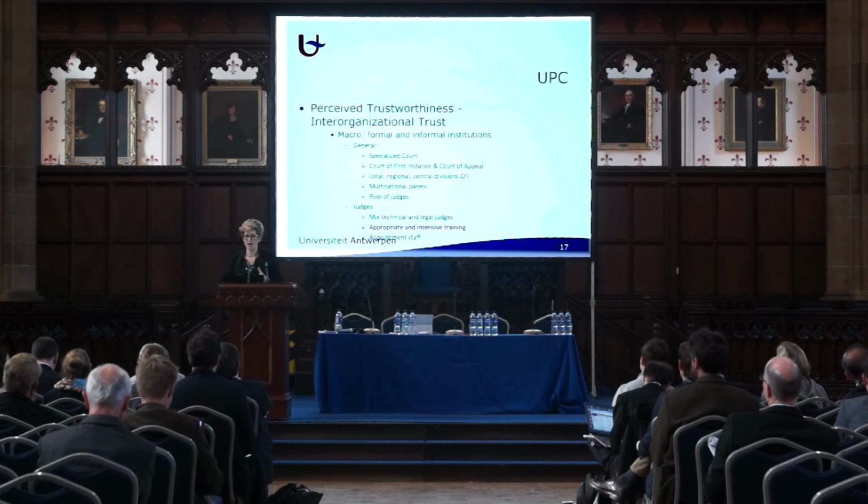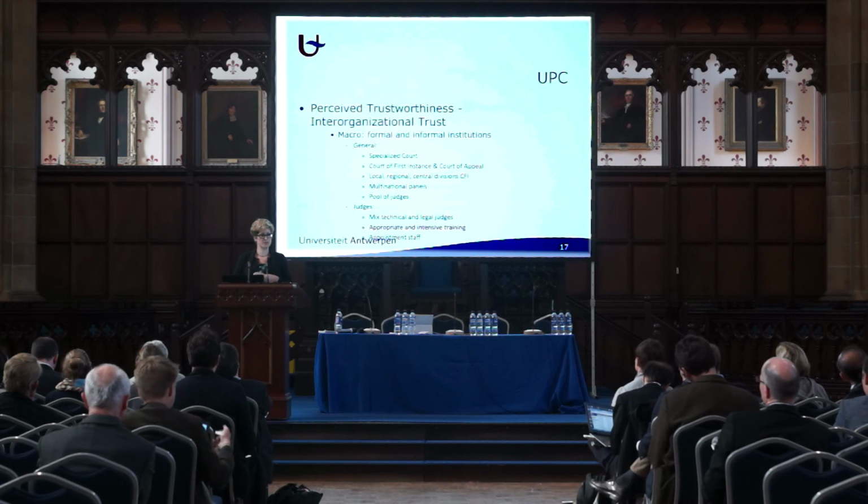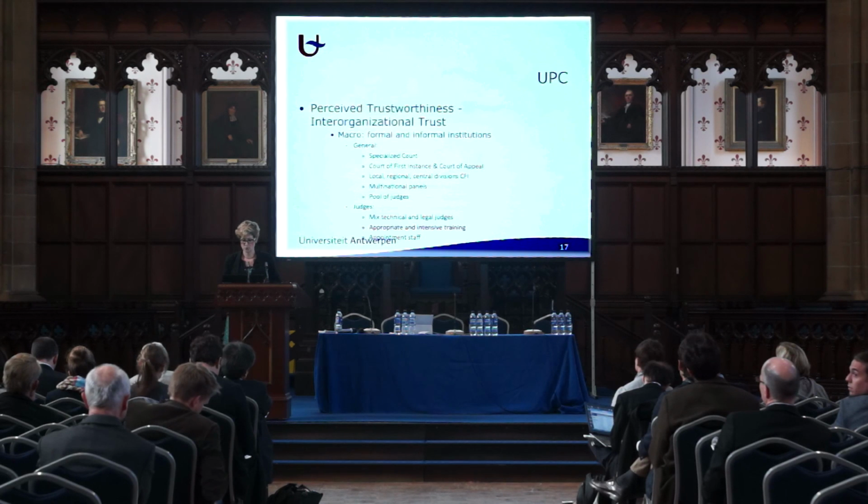The multinational panels and the pool of judges, the judges that will be rotating in order also to ascertain the level of expertise. So that could actually also increase the trustworthiness.